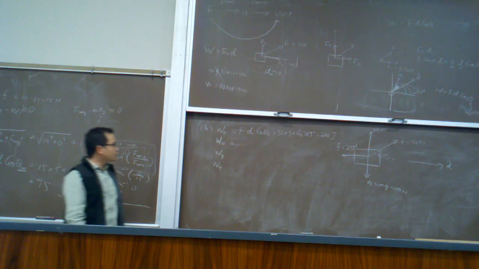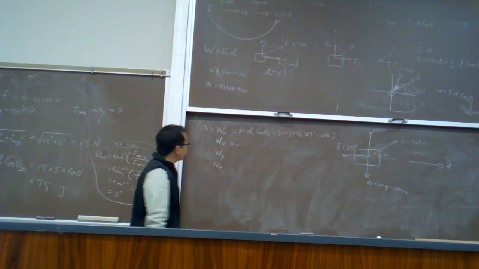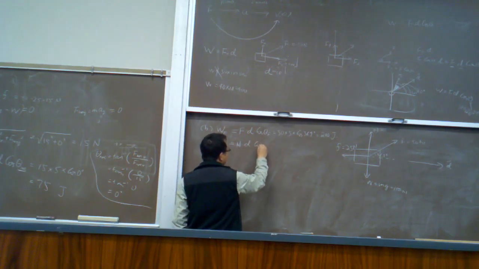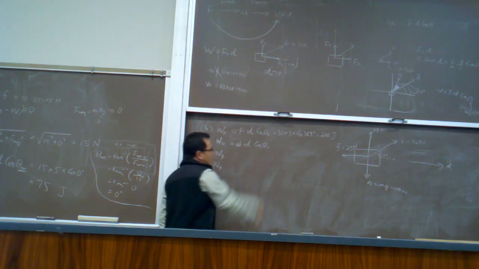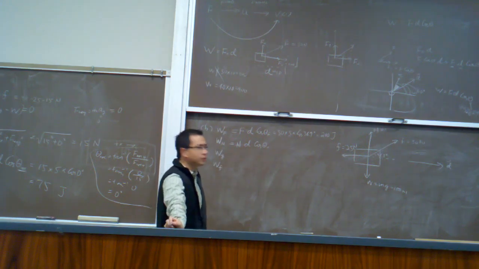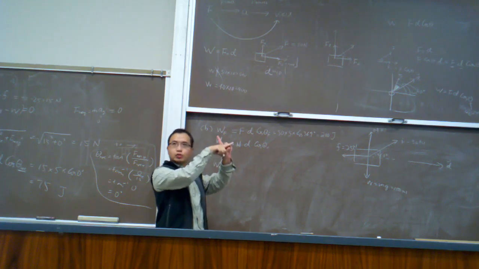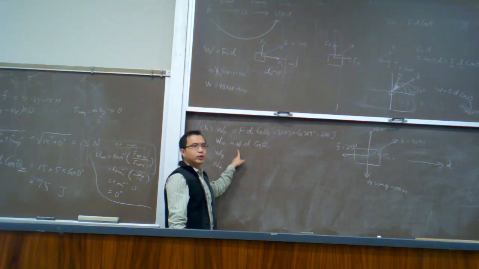Now, let's look at Wn. By definition, it should be normal force N times d times cosine theta N. Do we know what the angle theta N is here? 90 degrees, right? It's perpendicular to the direction of the motion. We know d, but do we know normal force N?